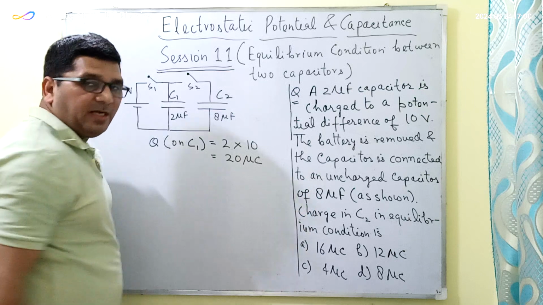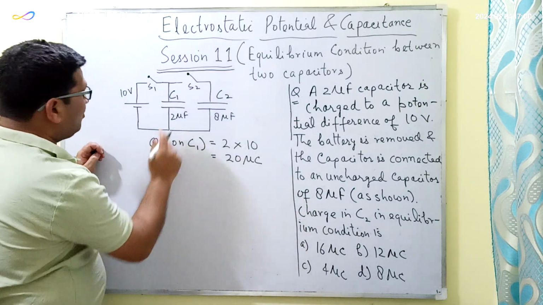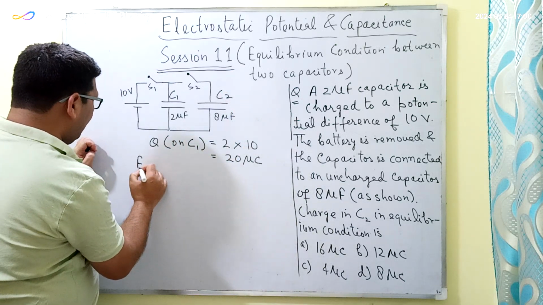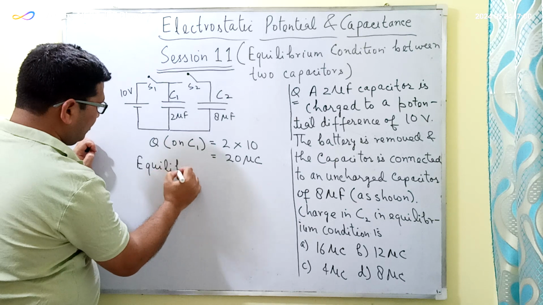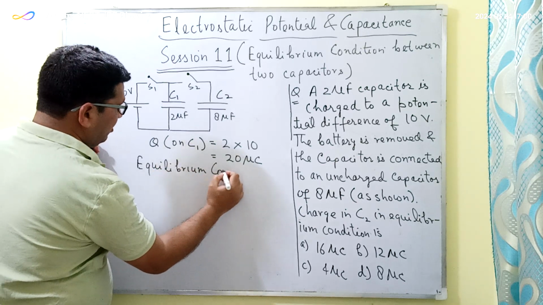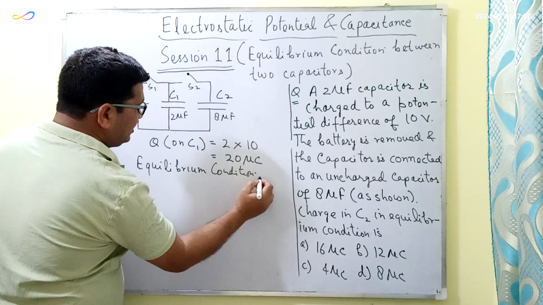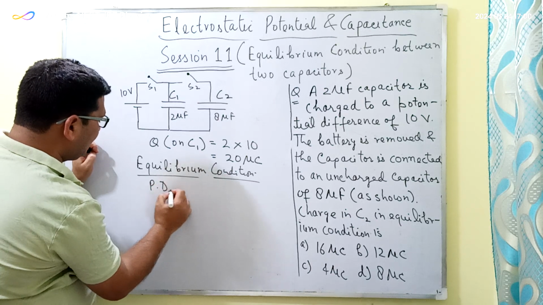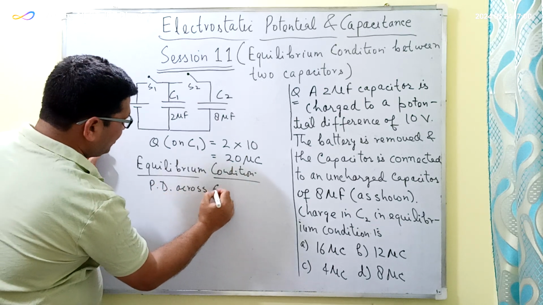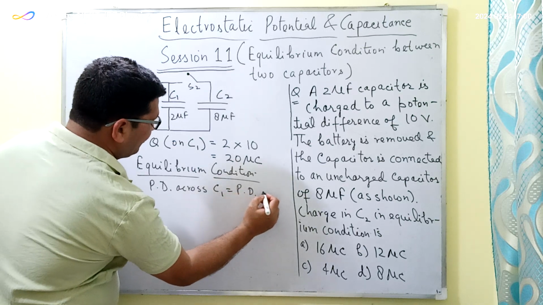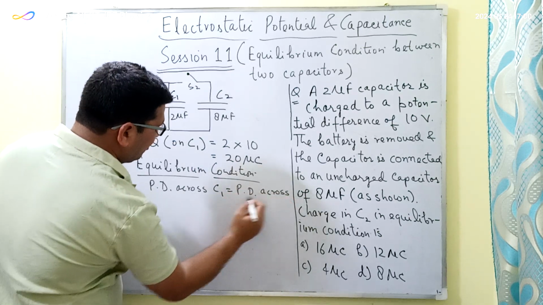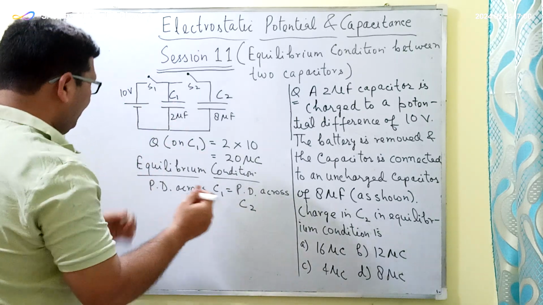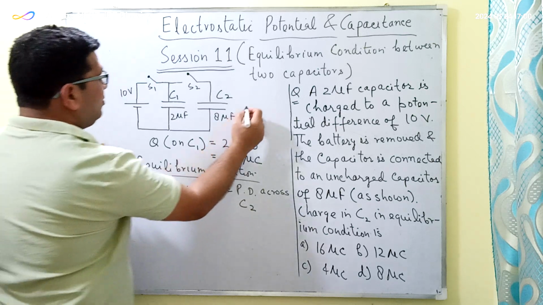Now when the switch S2 is closed, the equilibrium condition will be attained when the potential difference across C1 and the potential difference across C2 is the same. In the equilibrium condition, the potential difference across C1 will be equal to the potential difference across the capacitor C2. Now we know that Q is equal to CV.